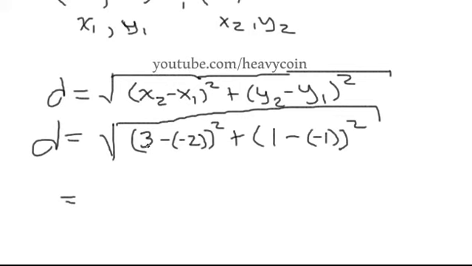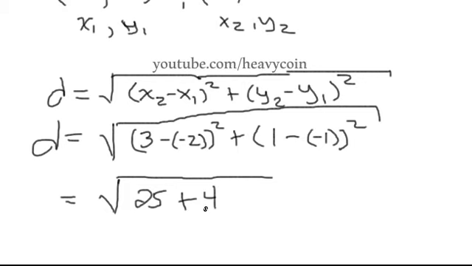Alright, so this is 3 minus a minus 2, so this becomes 3 plus 2, and 3 plus 2 is 5, and 5 squared is 25. Plus, so this is 1 minus a minus 1, so this becomes 1 plus 1, which is 2, and 2 squared is 4. And this is the square root of 29, which cannot be broken down any further.